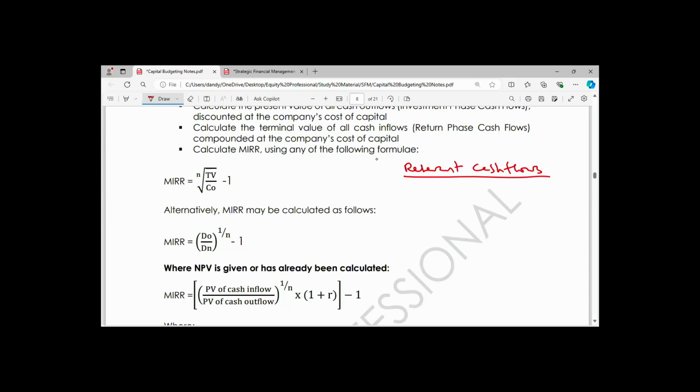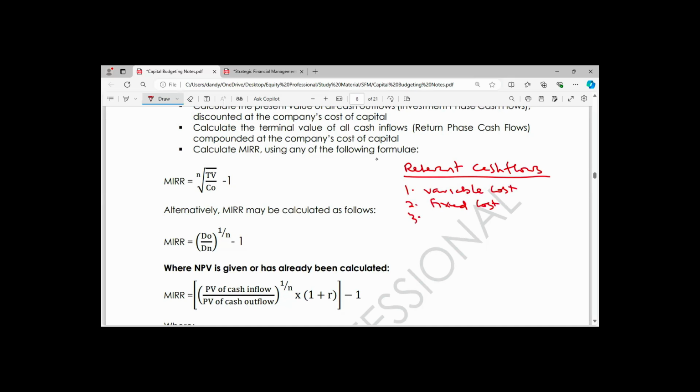Therefore, you must understand what the relevant cash flows are and what the non-relevant cash flows are. Let's take it one after the other. I will explain each of them, then we'll move to the next one. Under relevant cash flows, we are going to talk about, one, variable cost. Two, fixed cost.